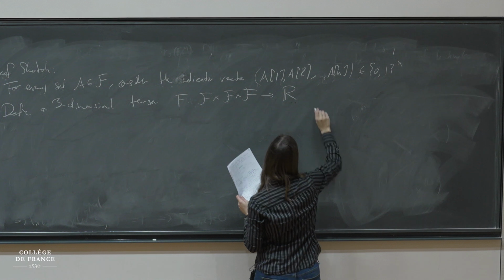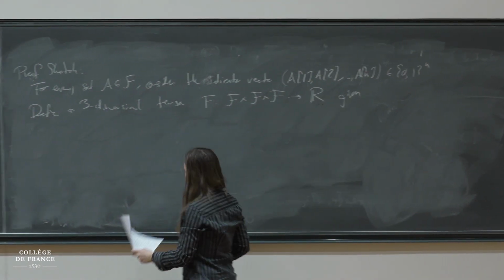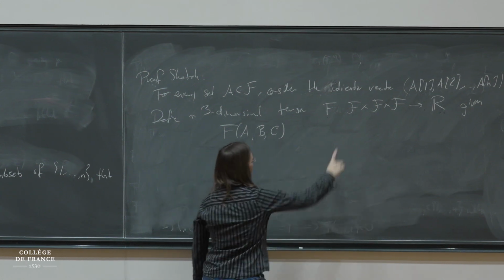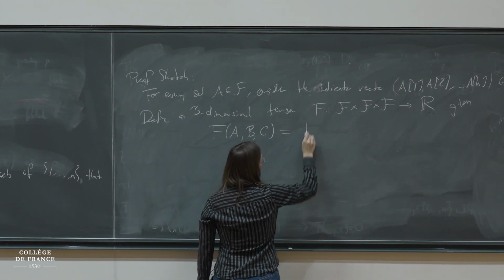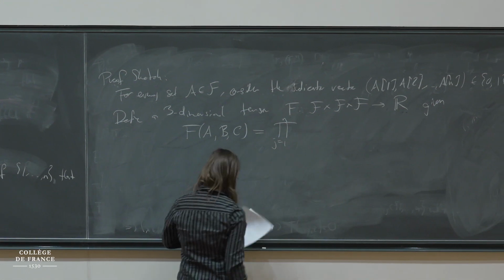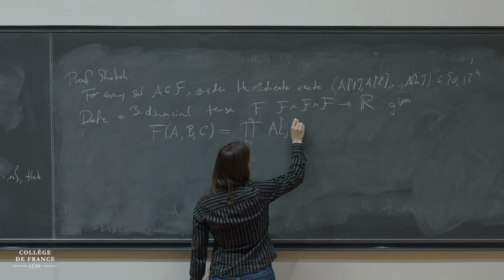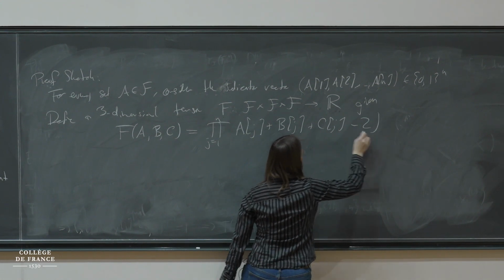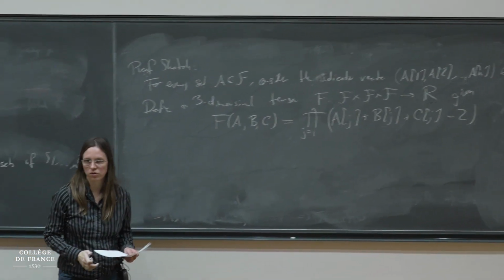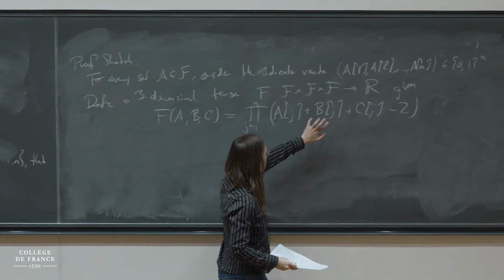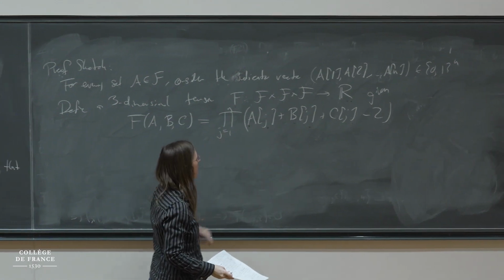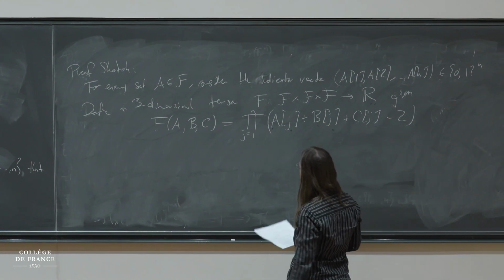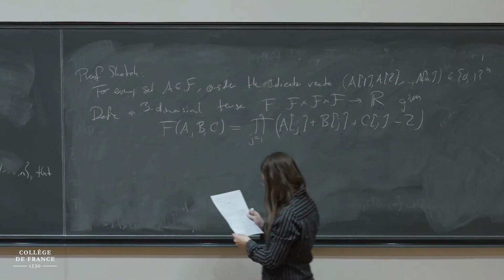Let's just take, for example, R, and let's define the tensor by f of A, B, C. So if A, B, C are sets in the family F, then we define f of A, B, C as the product, again over all coordinates j from 1 to n, of A[j] plus B[j] plus C[j] minus 2. And this we multiply over all coordinates j from 1 to n. So these things are all 0 or 1, depending on whether j is in A, B, or C or not. And so now we form this term, multiply for all j from 1 to n, then we get some real number, and that's the definition of this tensor.